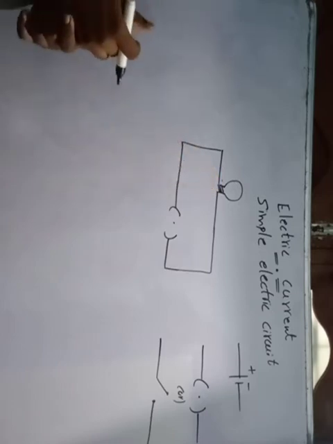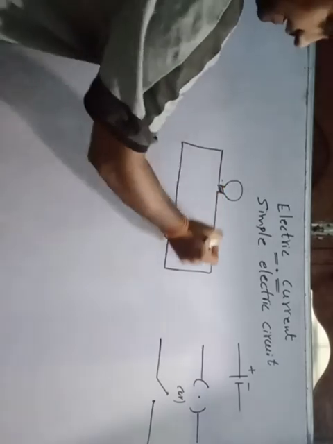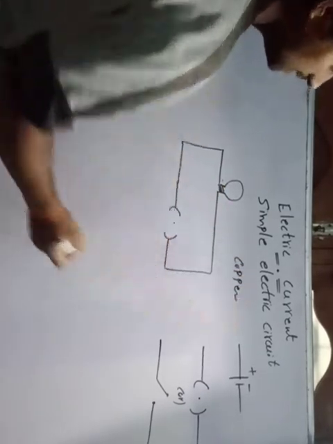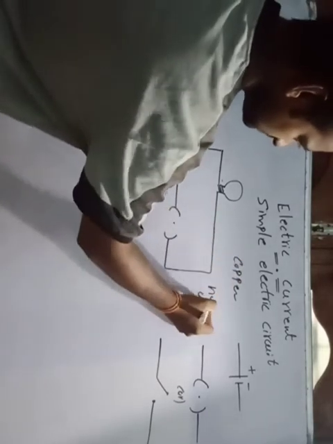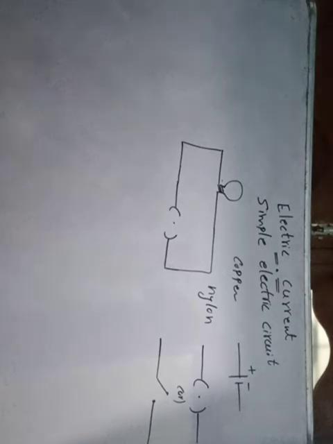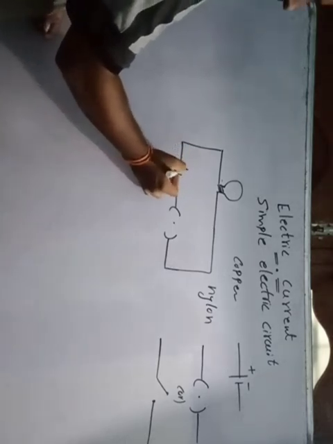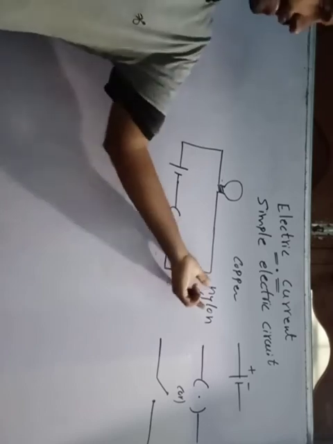Now case number 3. For example, the connecting wires are copper. Replace the copper wires with nylon wires. Again connect the battery to the circuit and switch on the circuit with nylon wires.